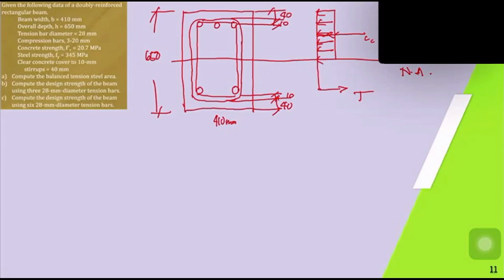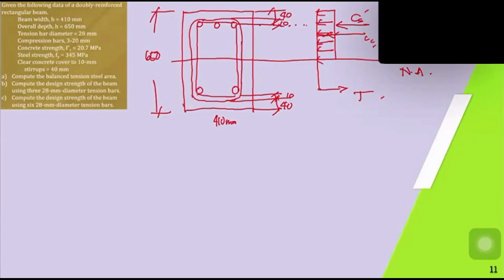And what is added now, at the centroid of the compression, is the compression due to steel. So that will be our stress diagram: tension, compression due to concrete, and compression due to steel.